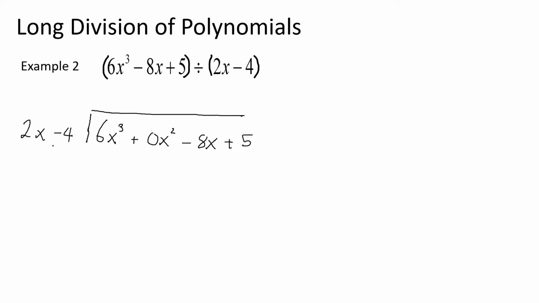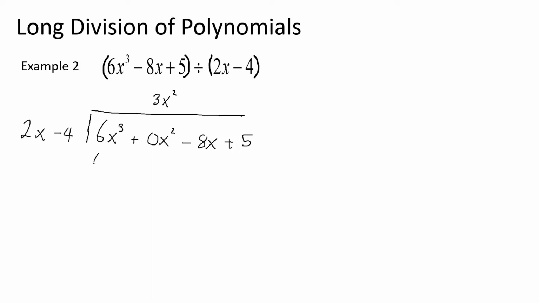So the first question you're going to ask is how many times 2x goes into 6x to the third? So it goes in 3x squared amount of time, because 3x squared times 2x will get you 6x to the third. So once we figure out how many times it goes in, we're going to multiply this by 2x minus 4.